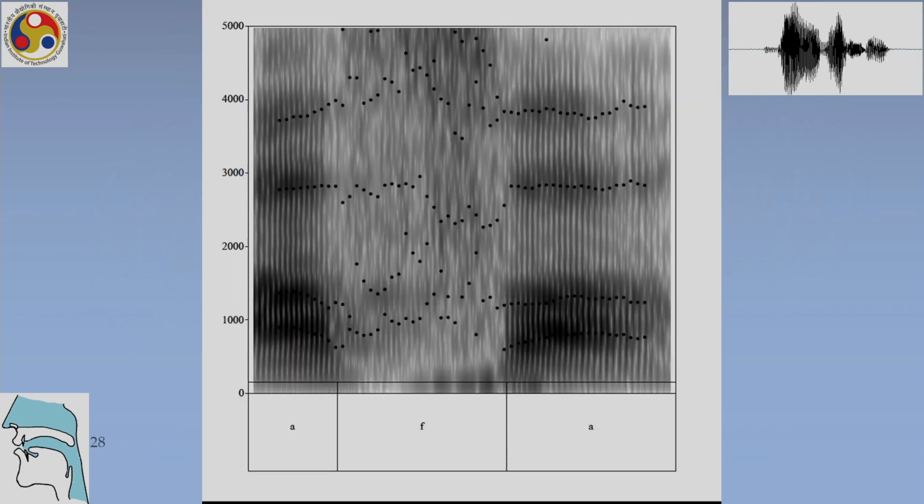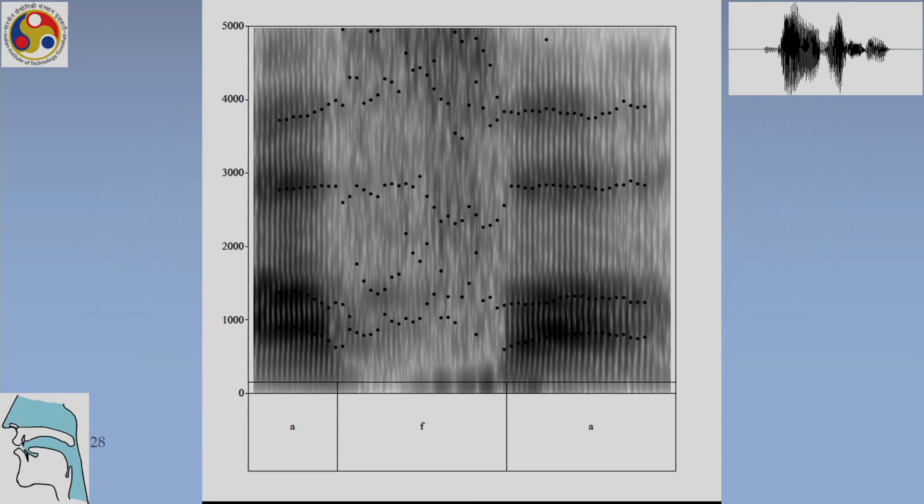Now let us look at fricatives and see how stops and fricatives can be different. As we said before, fricatives are regions where you see a lot of frication noise. So we see a period of energy here, and we don't see any release burst as such.